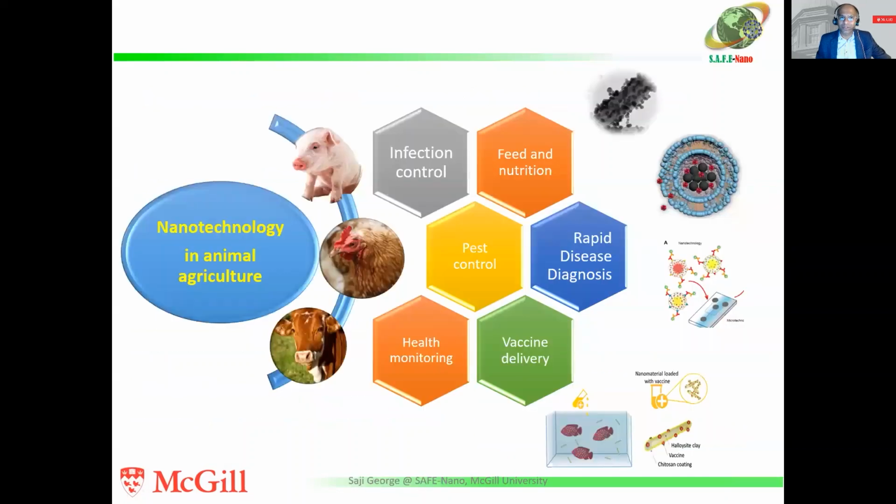All this makes nanotechnology exciting, and it has applications in diverse sectors, including food and agriculture, where it is applied for infection control in farms, feed and nutrition manipulation to deliver micronutrients, rapid disease diagnosis, vaccine delivery, pest control, and health monitoring. All these are exciting new applications where there are industry players providing solutions based on nanotechnology for diverse challenges in animal agriculture.